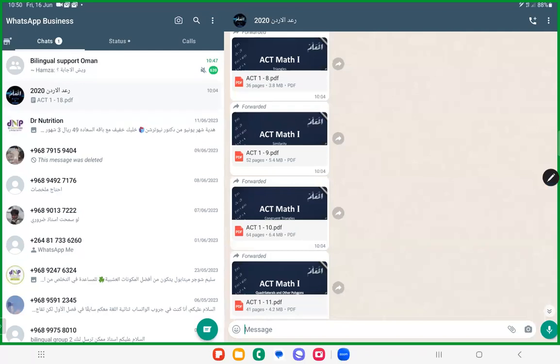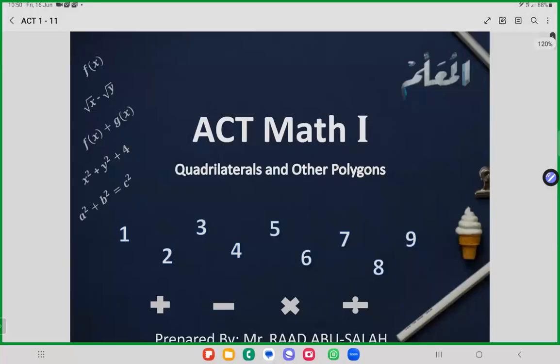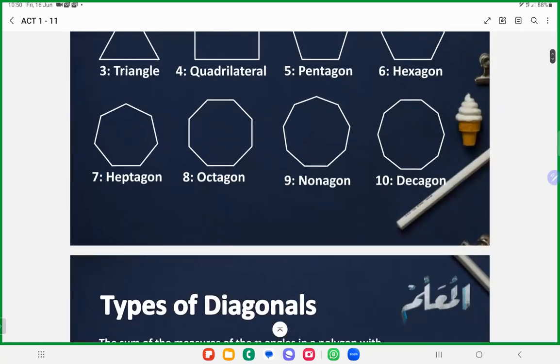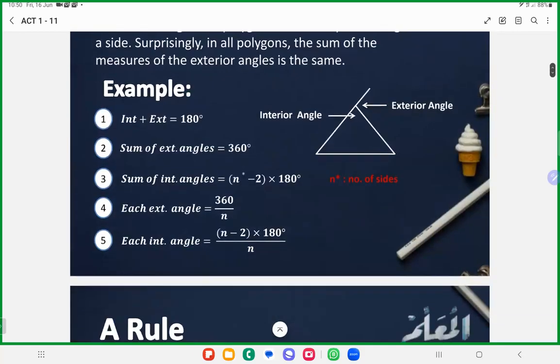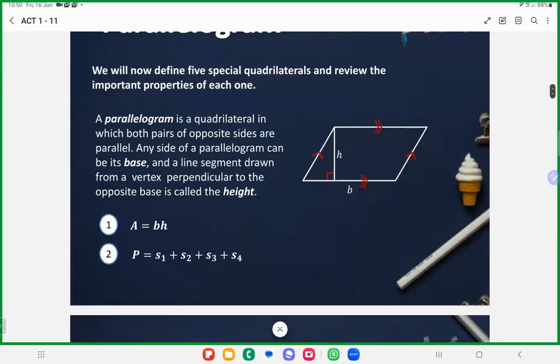Chapter 11. The main thing is the 2D shape. Remember, you need to go through the area and the perimeter of all shapes.